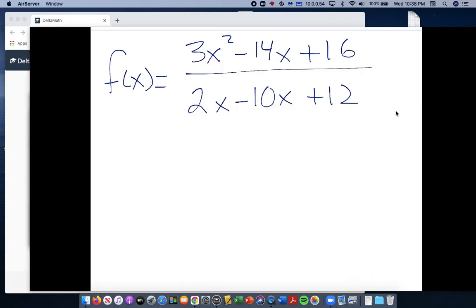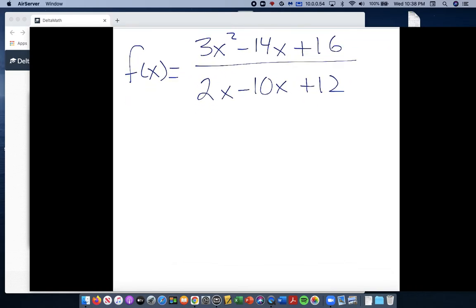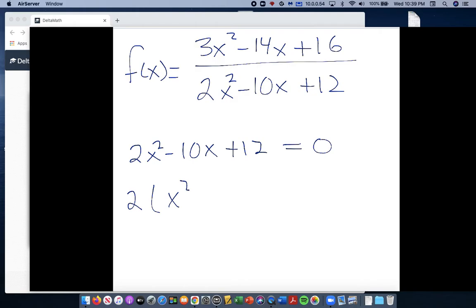I have to figure out what's going on with the bottom, when 2x squared minus 10x plus 12 is equal to 0. One of the things I can do is factor out a 2. And I have x squared minus 5x plus 6 equals 0.